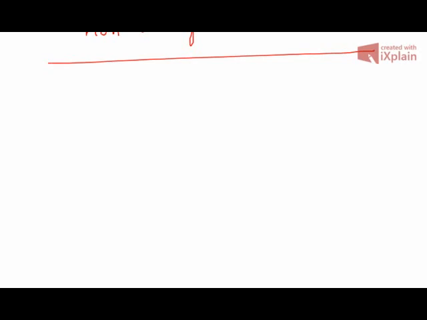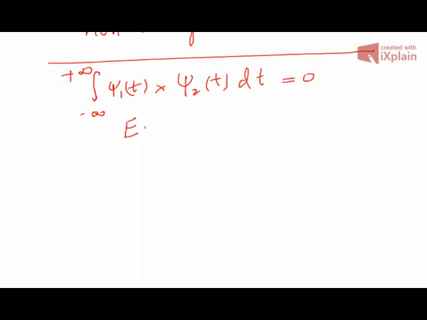For orthonormal basis functions, the dot product of psi 1 of t and psi 2 of t should be 0, and the energies of psi 1 and psi 2 should be equal to unity.